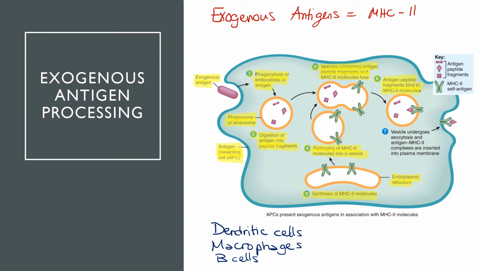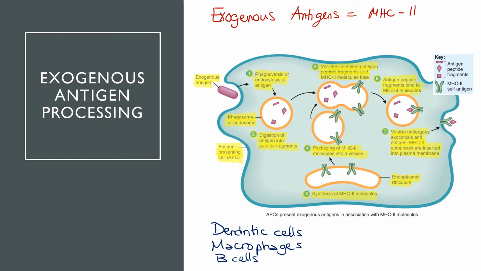Our final step is the insertion of the antigen MHC2 complex into the plasma membrane. The combined vesicle that contains the antigen MHC2 complex undergoes exocytosis, and as a result, the complexes are inserted into the plasma membrane. In this way, the cell presents the antigen peptide fragments on the surface of its plasma membrane.